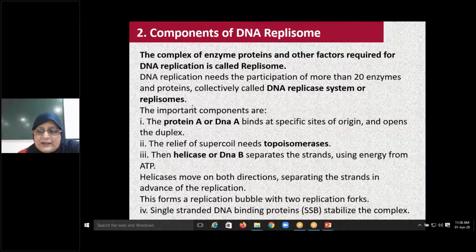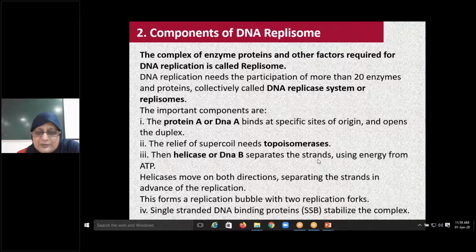replisome. Now, the important components are protein A or DnaA, which binds at specific sites of the origin and opens the duplex, while for relief of the supercoil, you require topoisomerases. Then you have helicase or DnaB that helps in separating the strands, and they utilize the energy from the hydrolysis of ATP.